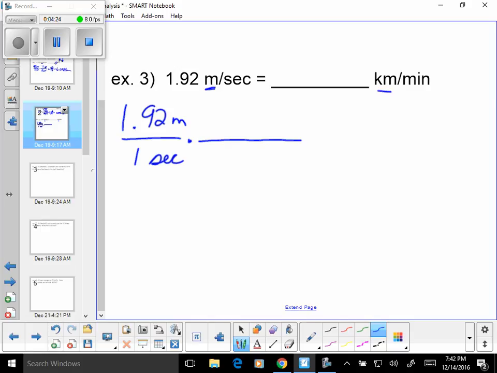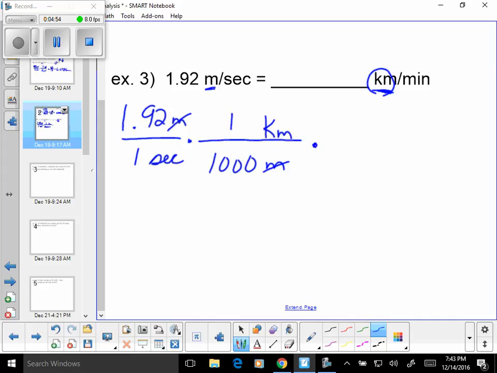If meters is in the numerator, I'll need to cancel by putting it in the denominator. Then I can use kilometers in the numerator position, which will be just fine for what I want over here. Now, 1 kilometer is 1,000 meters. My meters cancel with my meters, and the only distance I have left is kilometers, so I'm okay.